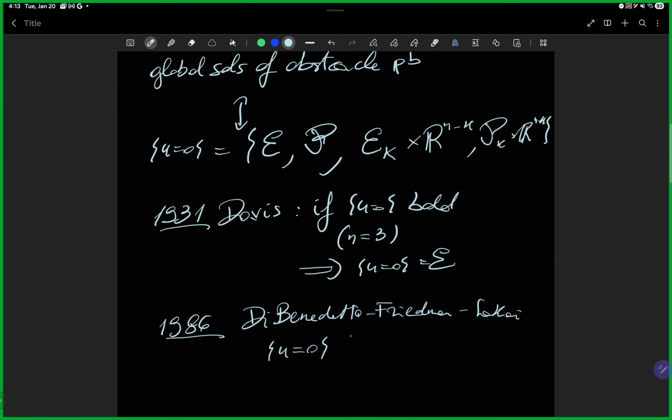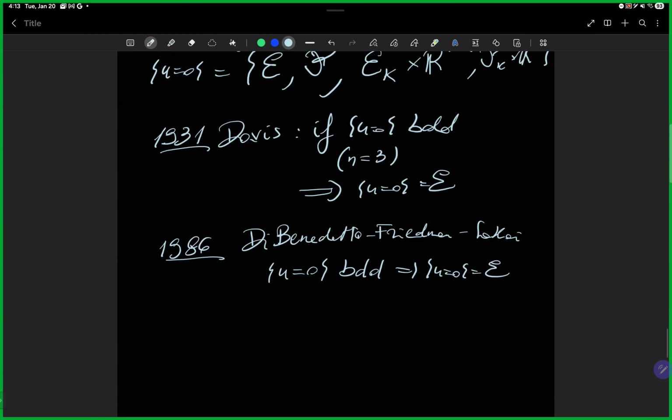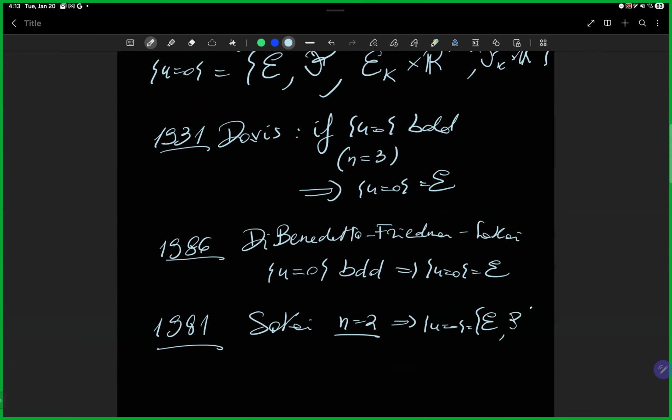So if {u = 0} is bounded, then {u = 0} is an ellipsoid. Then a bit before, in 1981, Sakai proved that if n is 2, then {u = 0} can only be an ellipsoid or a paraboloid. So there is nothing else in 2 dimensions.